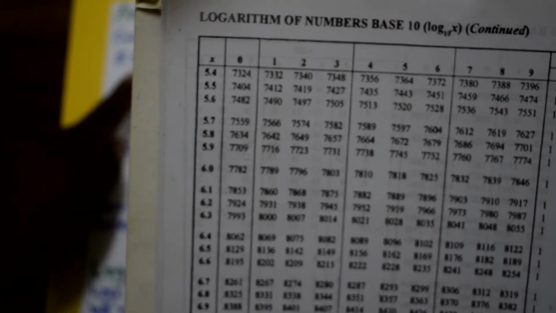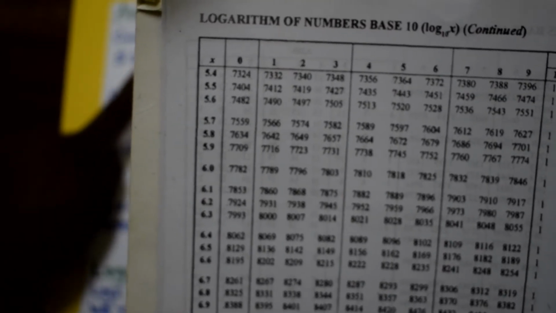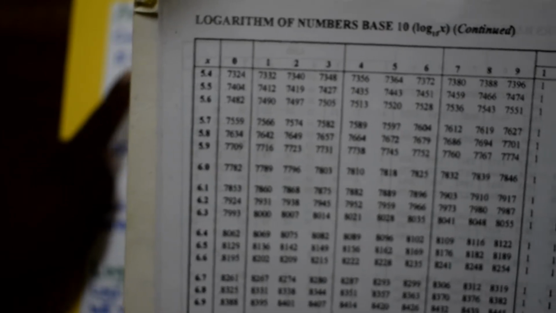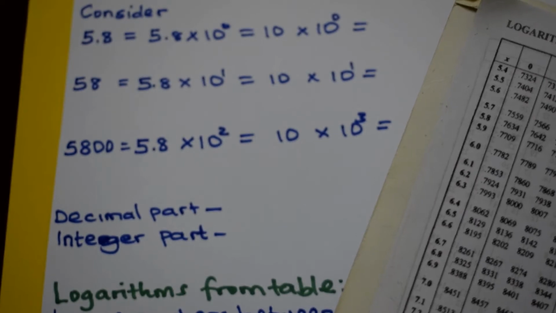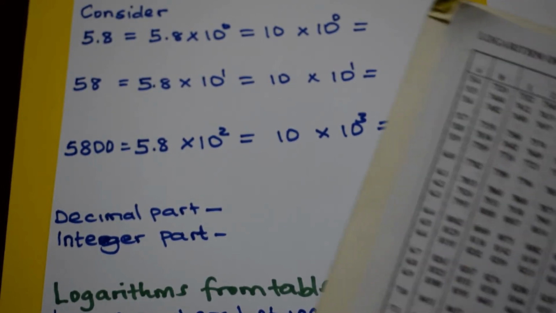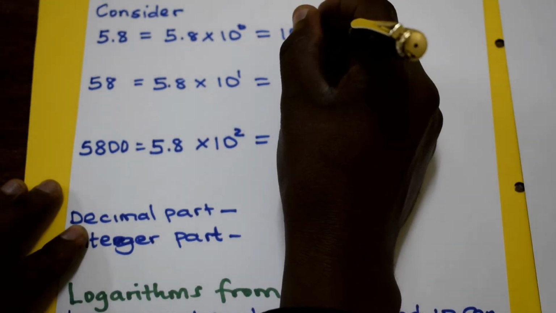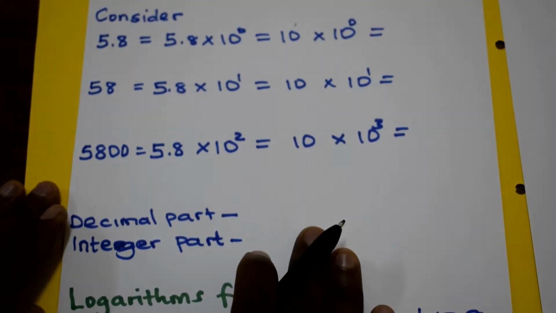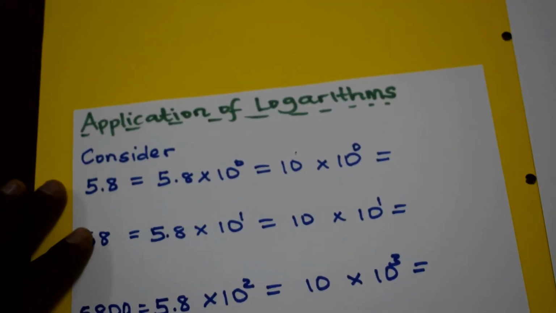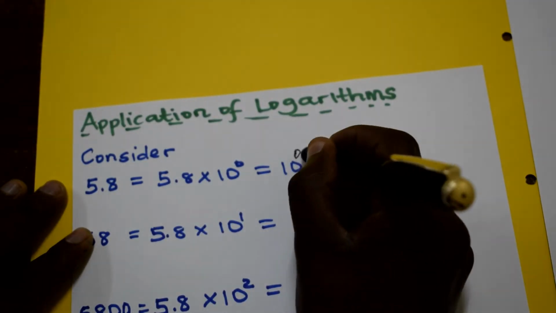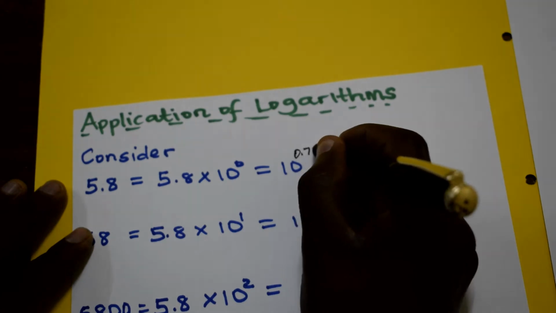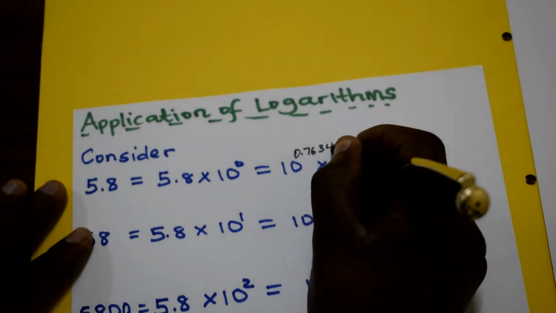So 5.8, then we read at the 0 column, so we have 0.7634, which we say is 10 power 0.7634.